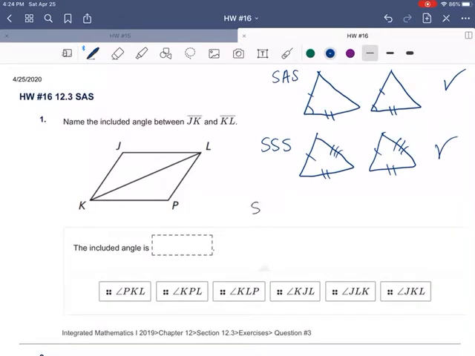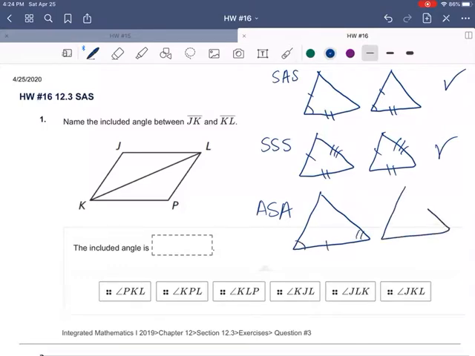Then we've got, oh no, I'm out of room here. That's okay. Angle, side, angle. You know those 2 triangles are the same.